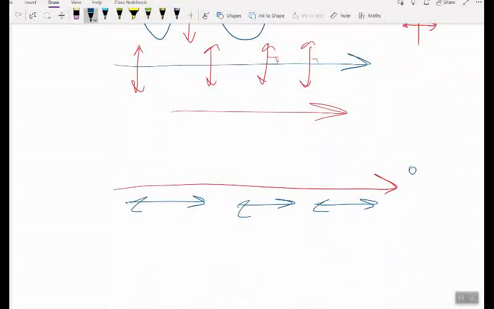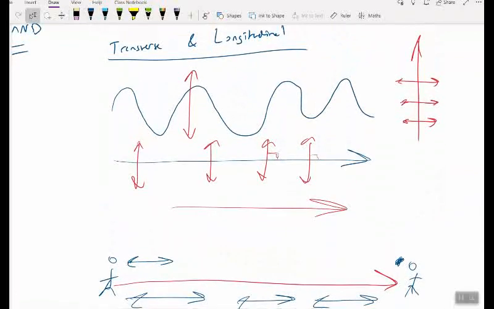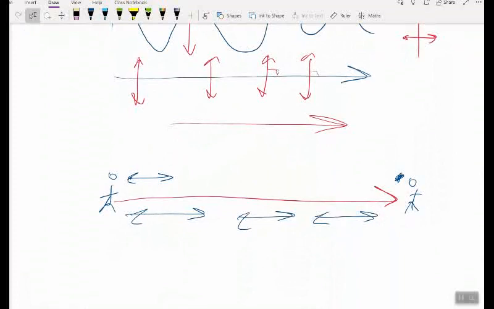If you were holding it over here, and the teacher was sending the vibrations down to you, you would feel the energy over here, wouldn't you? So the energy is being transferred to you over here. The waves traveling towards you, but the vibrations are parallel. Okay, so transverse vibrations are perpendicular to the direction the wave is traveling. Longitudinal, the vibrations are parallel.